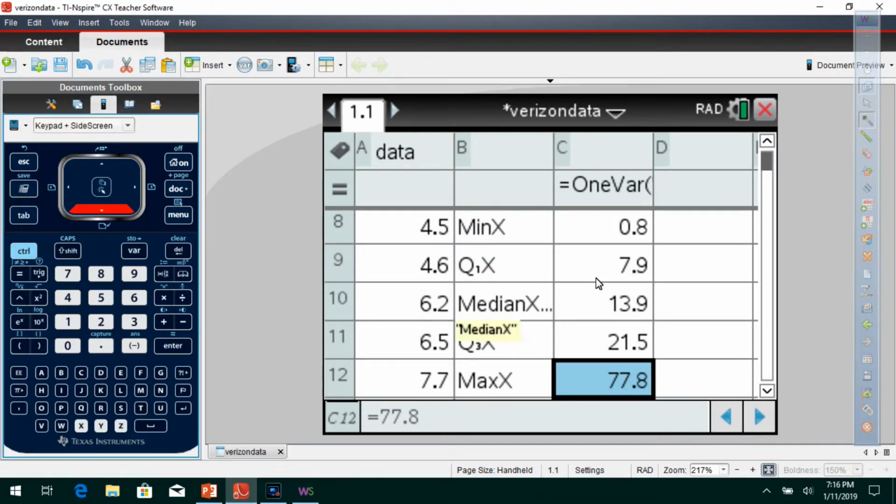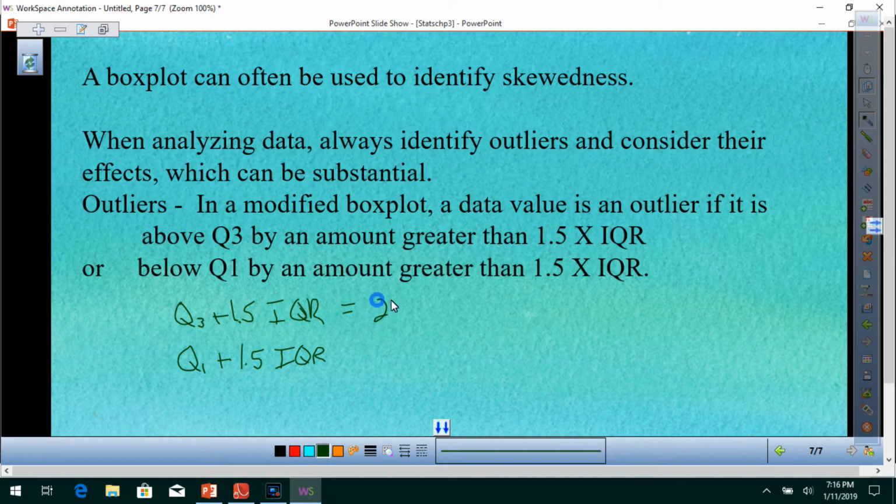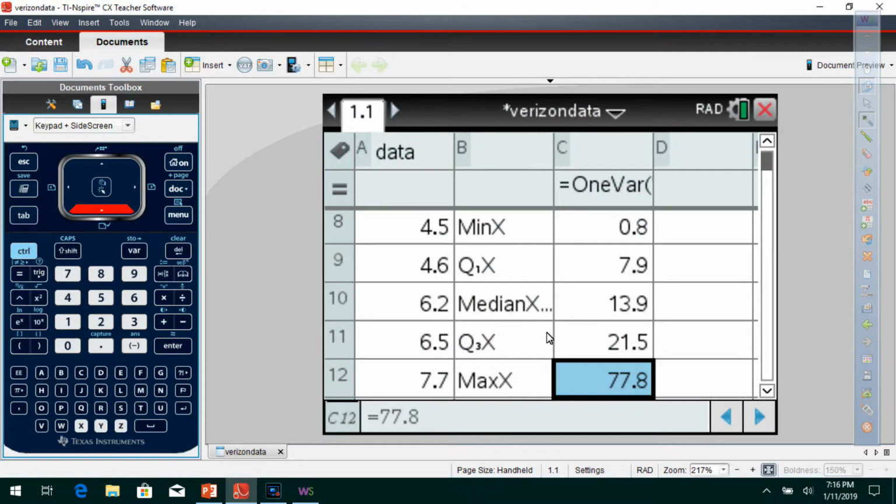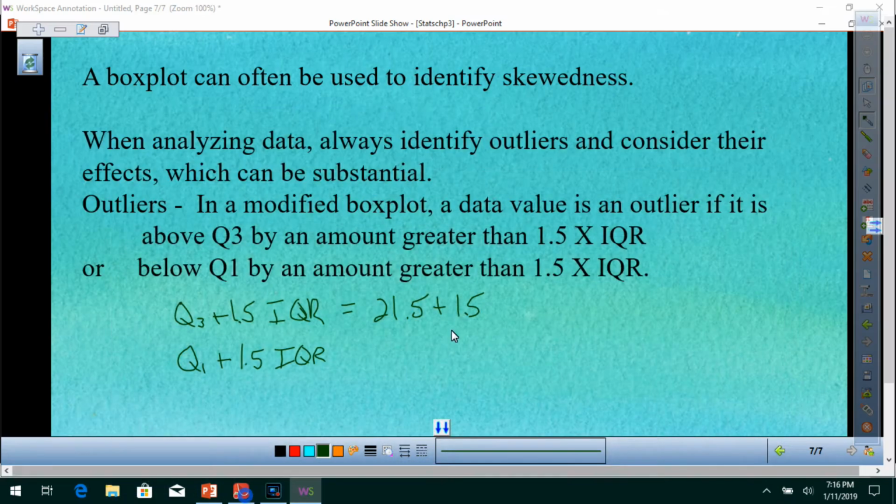What was it? Q3 was 21.5. So we got 21.5 plus 1.5 times, open parentheses, 21.5 minus 7.9.